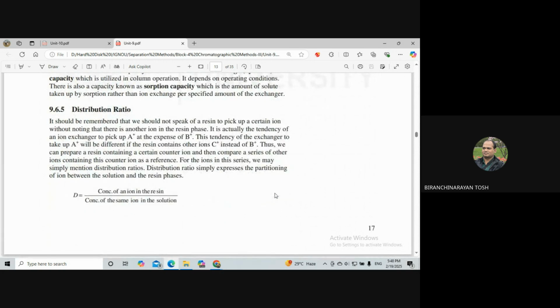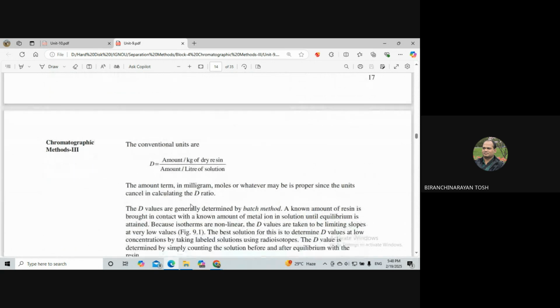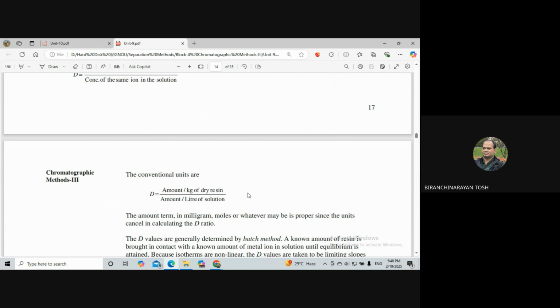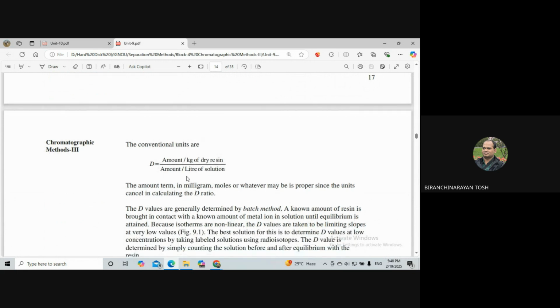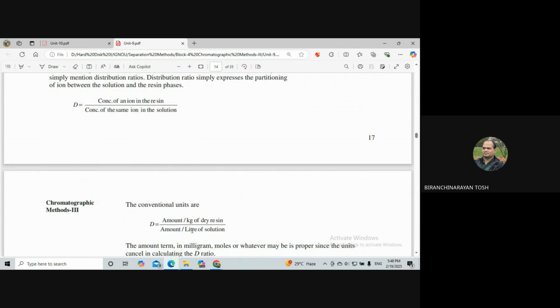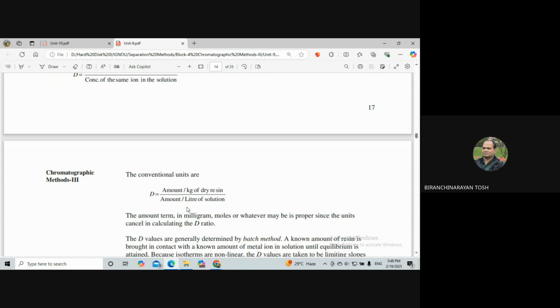The next one is the distribution ratio, which is the ratio between the concentration of an ion in the resin and the concentration of the same ion in the solution. So the conventional unit, if you consider, D will be equal to amount per kg of the dry resin divided by the amount of that ion per liter of solution.